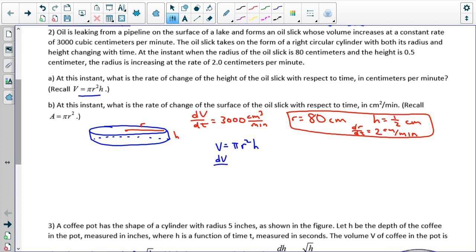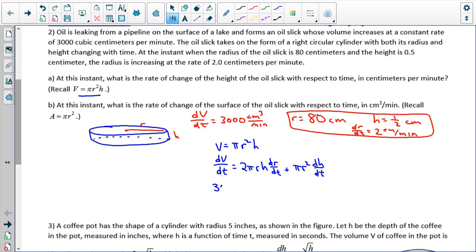I'm going to take the derivative with respect to time, so dv dt equals 2 pi r h dr dt plus pi r squared dh dt. So I just had to use the product rule with implicit differentiation, and now I do a bunch of substituting.